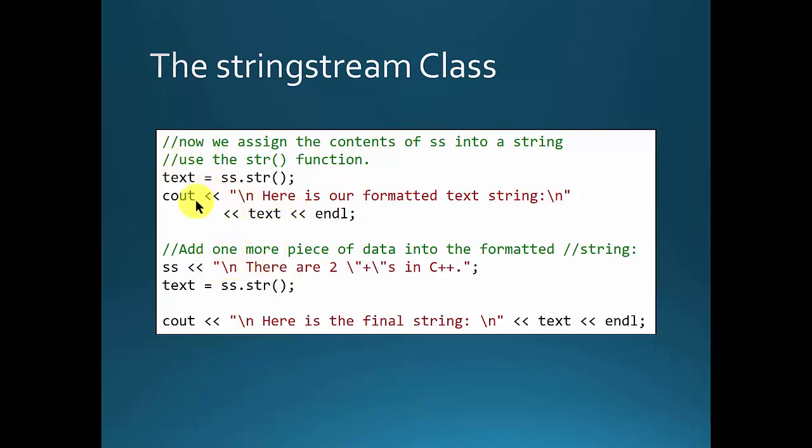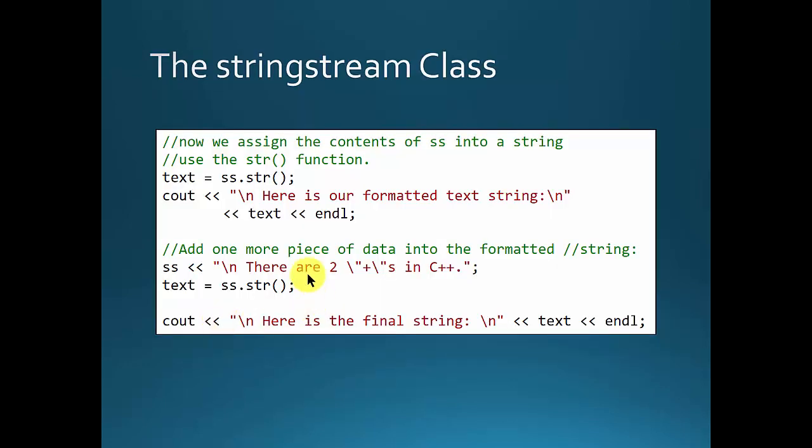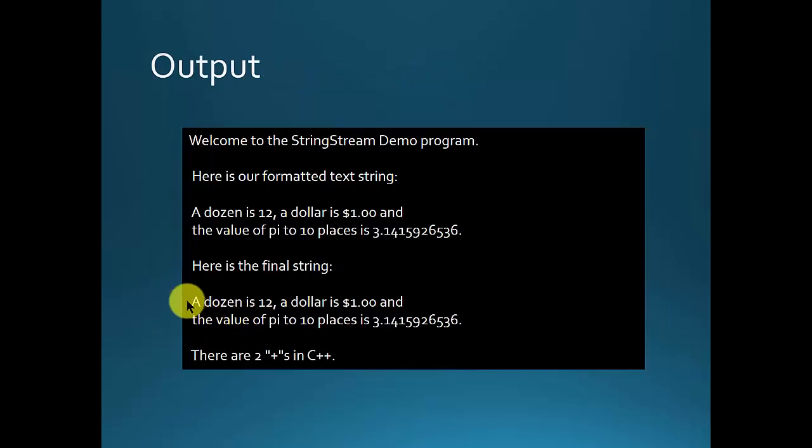You can note that once you output the string like this, you can still add more things to the stringstream and then call the str function again and it will display it. But it will have everything that was in there before. So we'll just keep adding things to that stringstream. And so if we were to execute that code, we would see that the first time we ran it, it would look like this. And then the second time we added some more to it, and now it looks like this whole section down here.